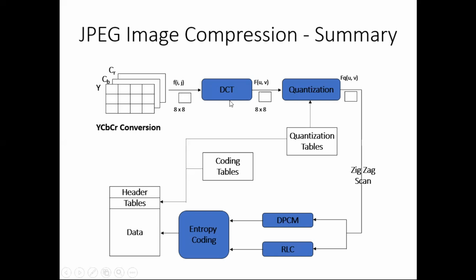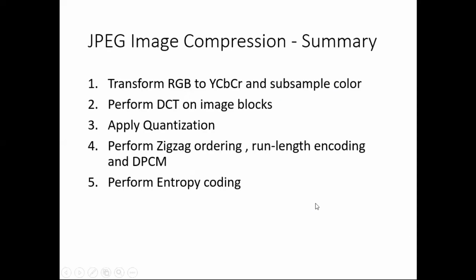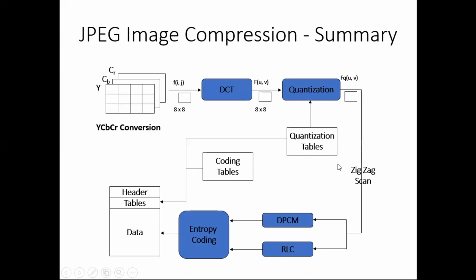First, we are applying DCT, the discrete cosine transformation. After that, quantization, then zigzag scan, then DPCM, in other words, differential pulse code modulation. Then run length encoding is applied. Then finally, we feed the result into entropy coding, in other words, Huffman encoding. Then finally, we can come up with the compressed JPEG image, right?